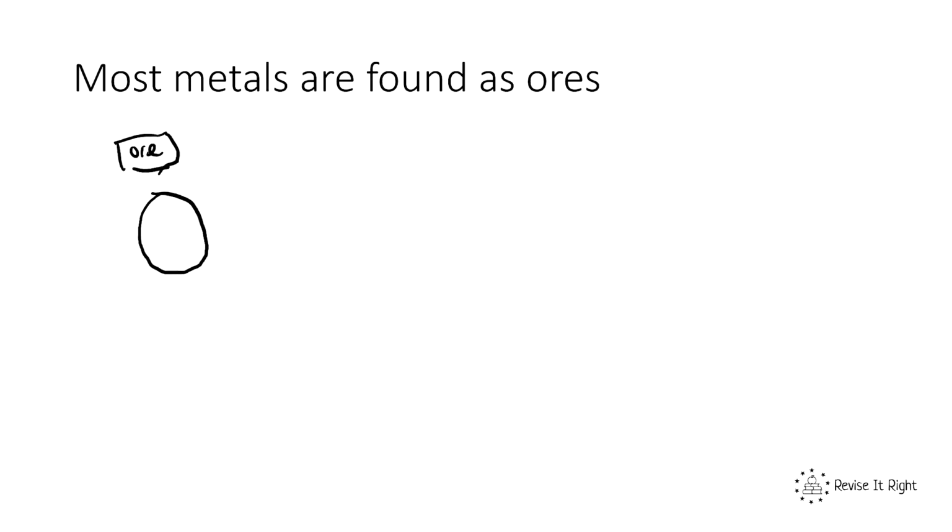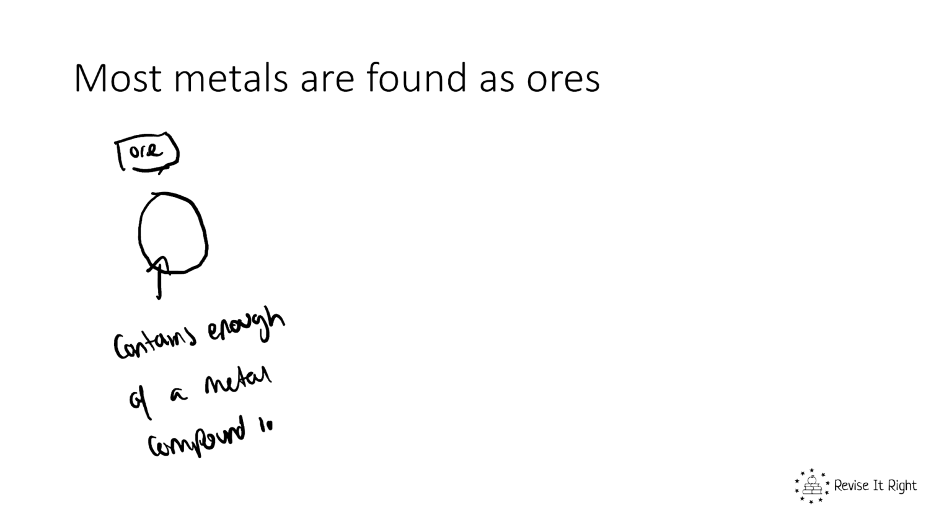Okay, and it has quite a strict definition. A rock that contains enough of a metal compound in it to be worth extracting. Now, this point here about it being worth it is a really, really important part of that definition.